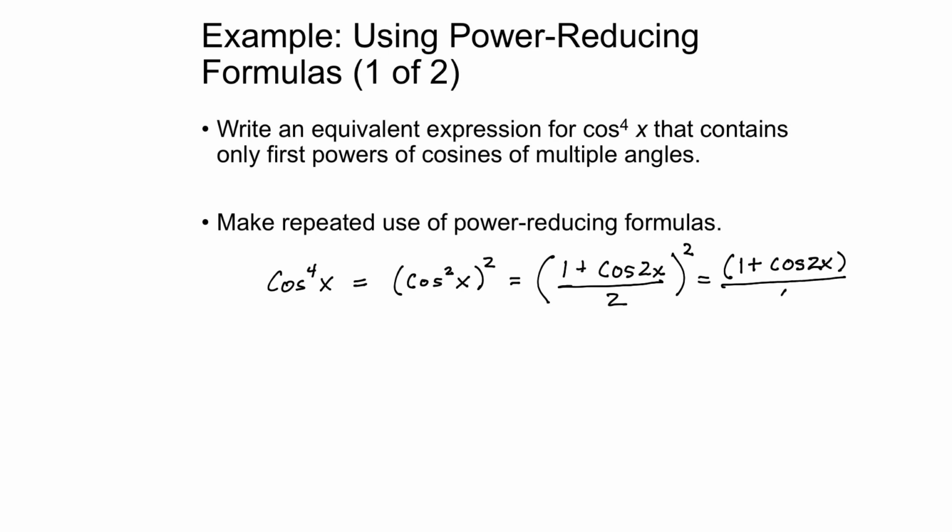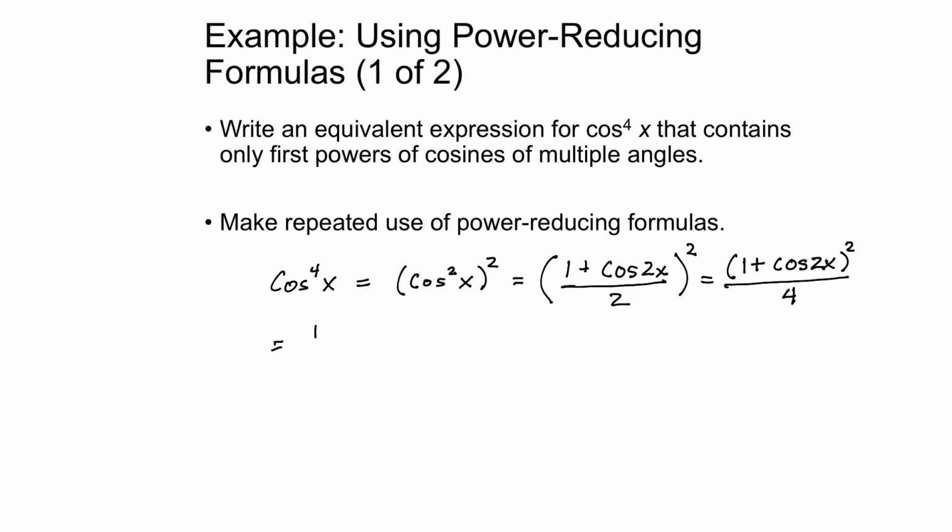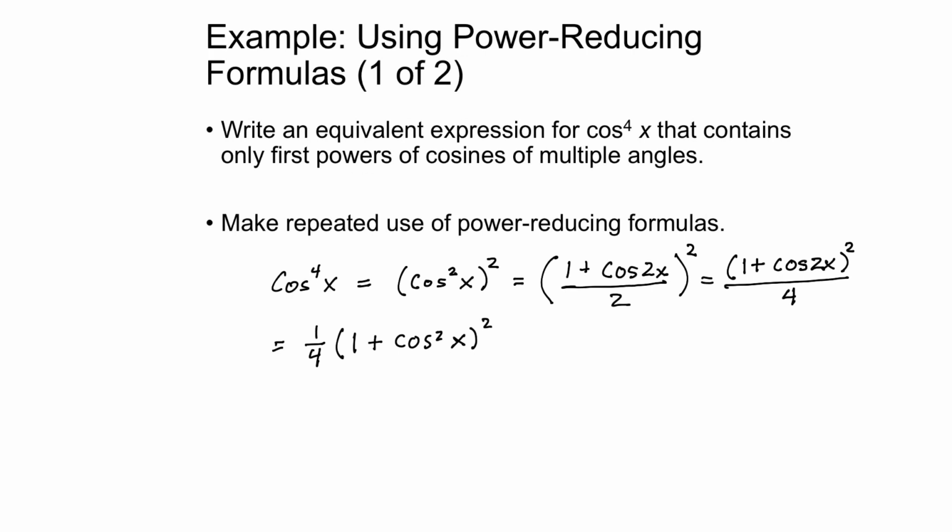So that 2 squared can become a 4, and this is still being squared on top, just partially reducing it, so I can rewrite this as 1/4 times 1 plus cosine 2x, squared. This is just going to allow us to focus on the more difficult part without having to worry about the fraction. And of course, dividing by 4 is the same as multiplying by a 4th.